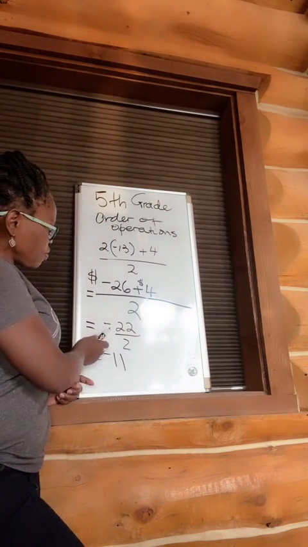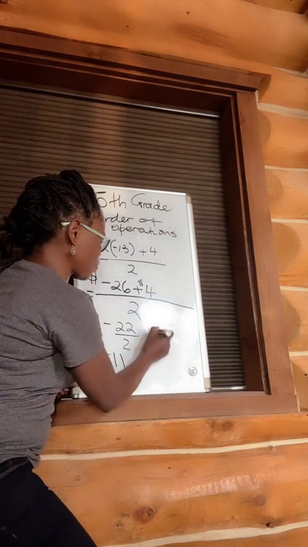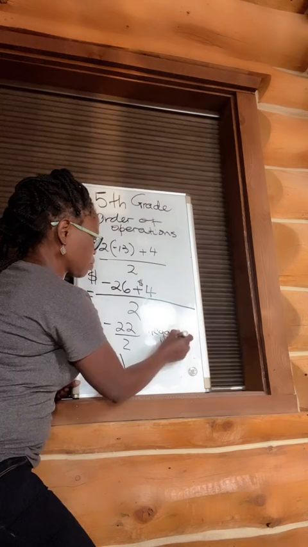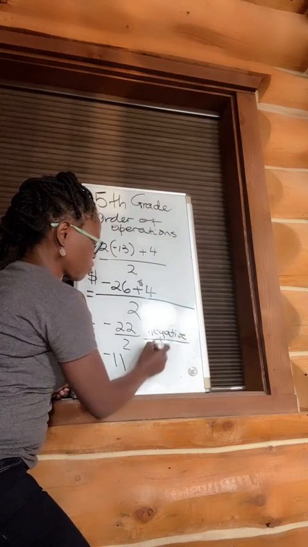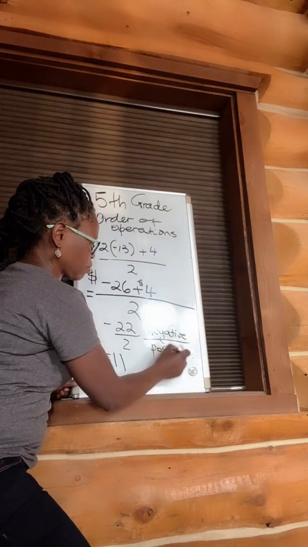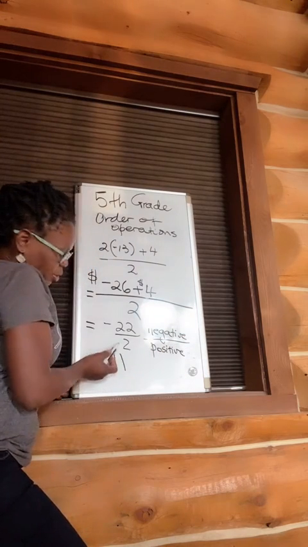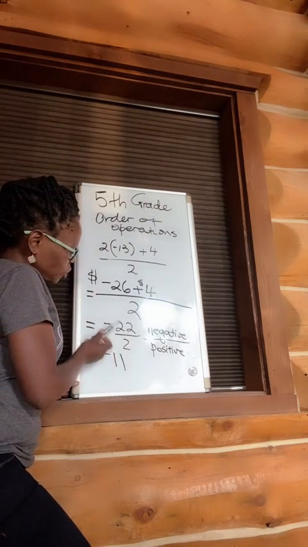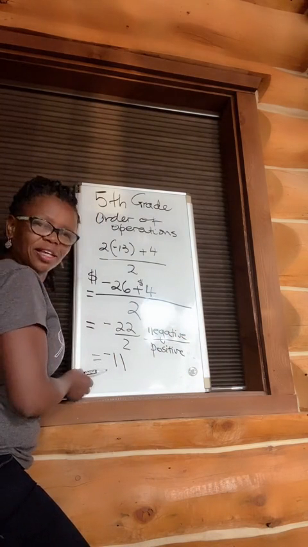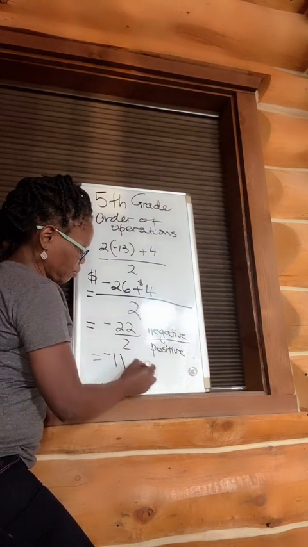This is negative. We are dividing a negative by a positive. And this is the positive. 2 is positive. 22 is negative. And our answer is negative.